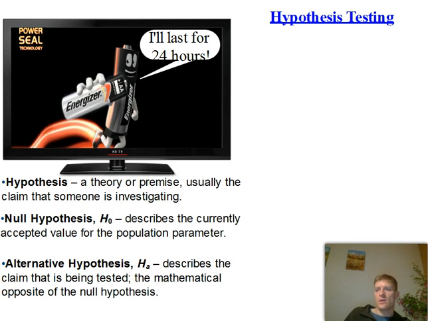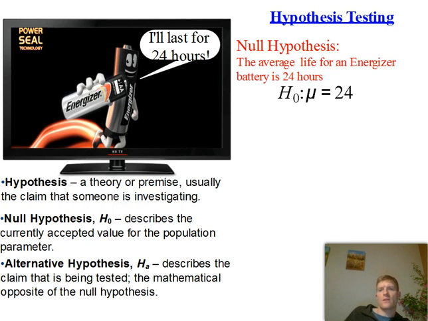So let's illustrate those ideas in our example. The null hypothesis for the advertisement is that the average life for an Energizer battery is 24 hours. So we can form our null hypothesis in this way: H0, the mean μ is equal to 24. Now the alternative hypothesis is the mathematical opposite to this statement.